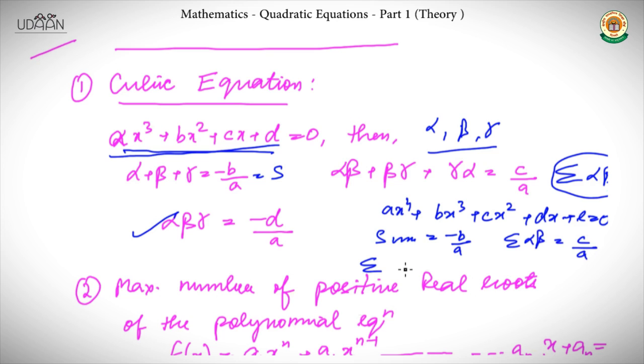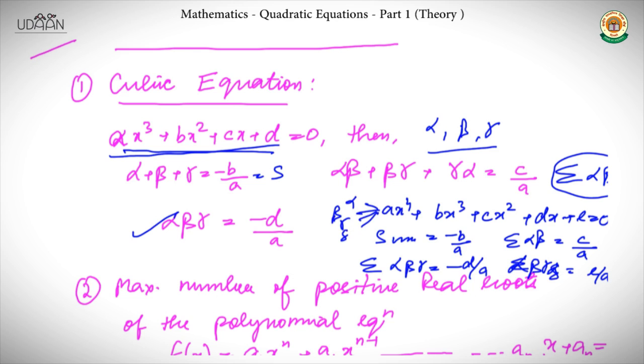The product of roots taken 3 at a time, that is sigma alpha beta gamma, is equal to minus d by a. And lastly, alpha beta gamma delta, that is the product of all of them taken at a time, is equal to e by a, where the four roots are alpha, beta, gamma and delta.